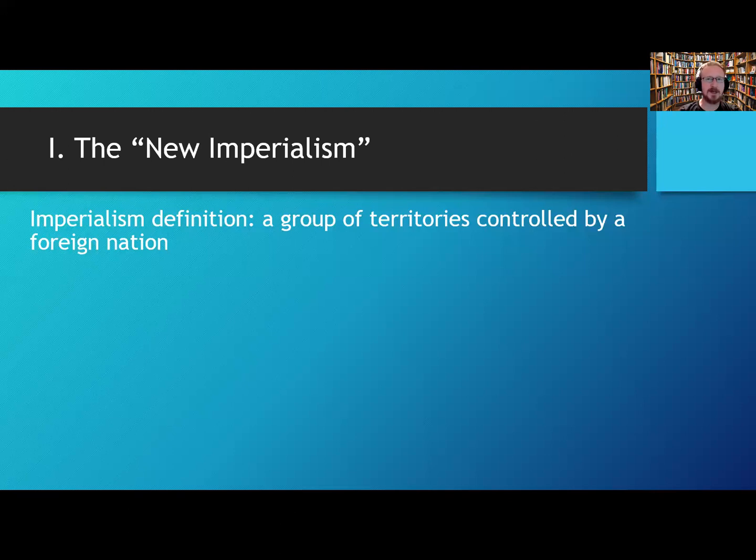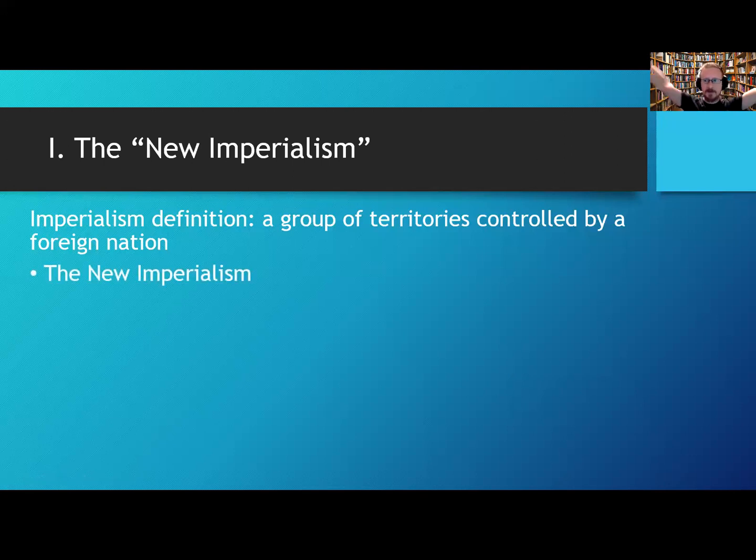But what it is in its most basic terms is a group of territories that's controlled by some foreign nation, or foreign state would be a better way of putting it. So being conquered or controlled or dominated by a foreign entity, that's what it means to be under imperialism. That's what it means to do imperialism.